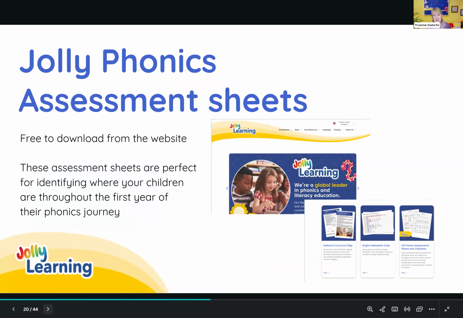We have information sheets. We have, as you can see here, Sue Lloyd's alphabetic code, and more extensive assessments as children move on. But what I would recommend is that you assess before you move on to the digraphs. Make sure that the children have got their short vowels in place before we move on.